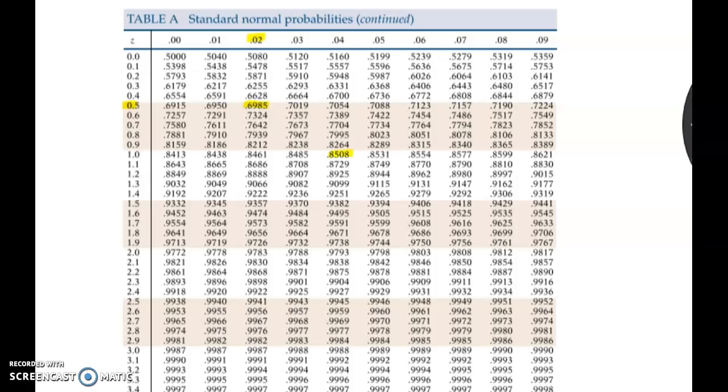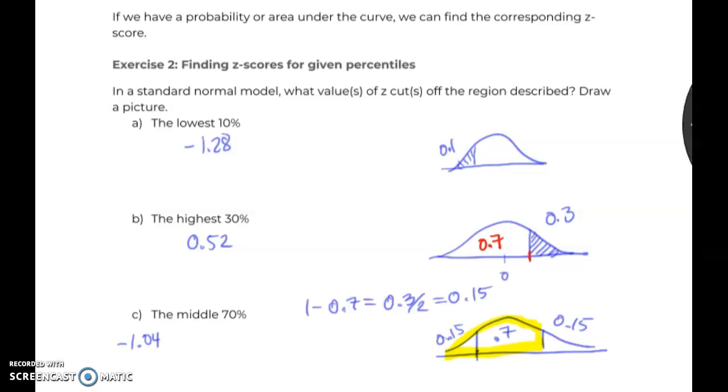Let's see if there's anything closer than that. That seems to be the closest value. So again, we are at 1.04, which, as we mentioned before, is the symmetric value, or just a positive value. So over here, we're looking for two cutoff values.